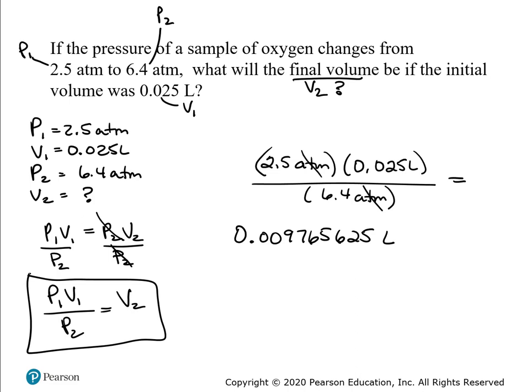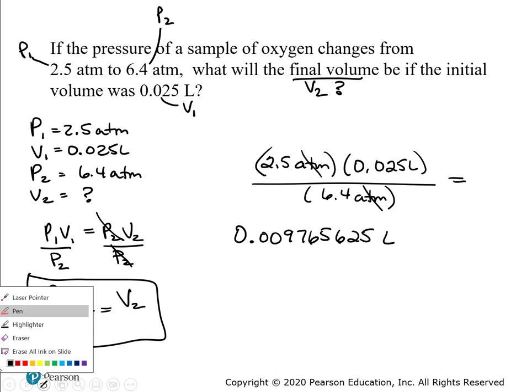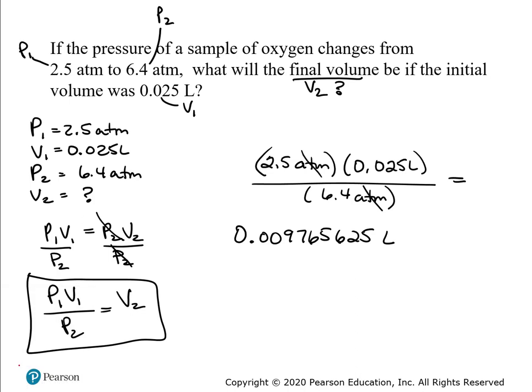Okay. Now you have the last step. You've done the math, now you just have to round. So how many significant figures should my answer have? 2.5, 2 significant figures. 0.025, 2 significant figures. 6.4, 2 significant figures. Remember, zeros out front are not significant.